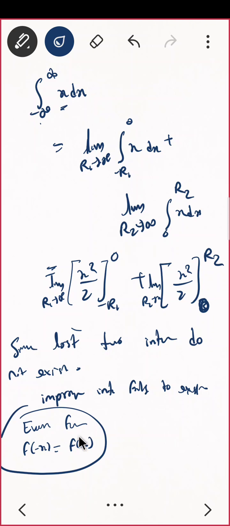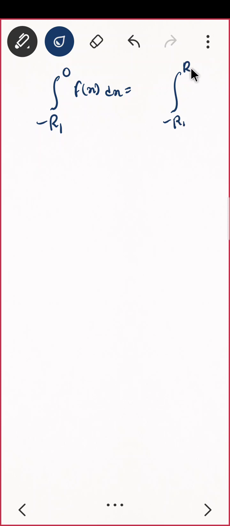So, when your function is even, is this true? That is, the integral from minus r1 to 0 of f of x dx will be equal to something times the integral from minus r1 to r1 of f of x dx.